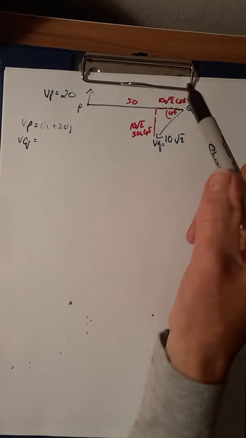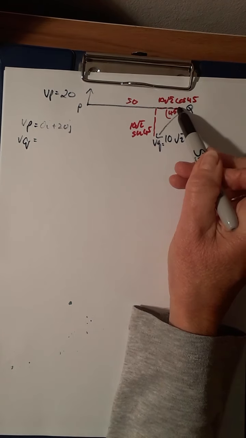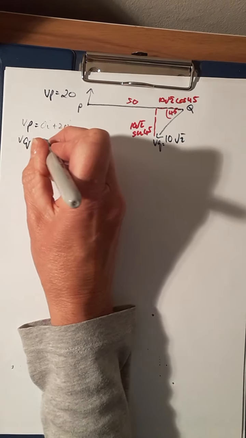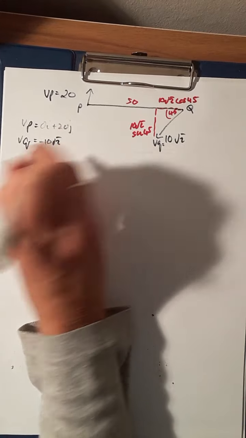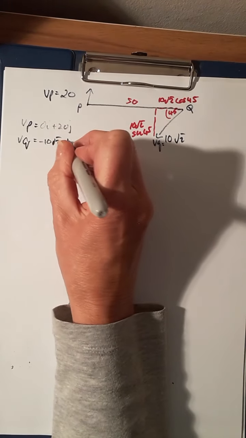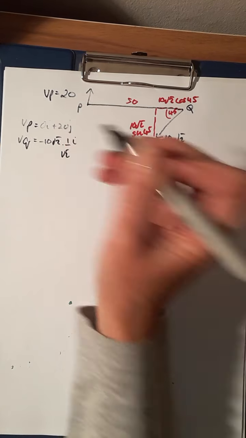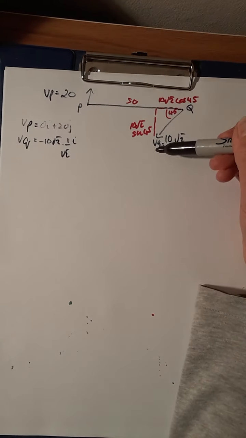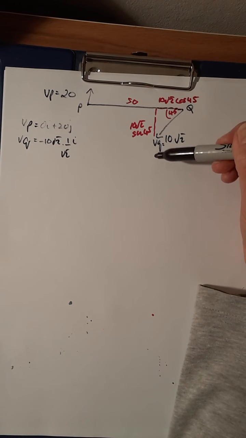So I can see that it's moving in this direction along the I-axis, so negative I direction. So minus 10 root 2. The cos of 45 is 1 over root 2. So 10 root 2 by 1 over root 2 in the I direction. And this, of course, is the J direction. And it's going again in the negative J direction. So it's going down.